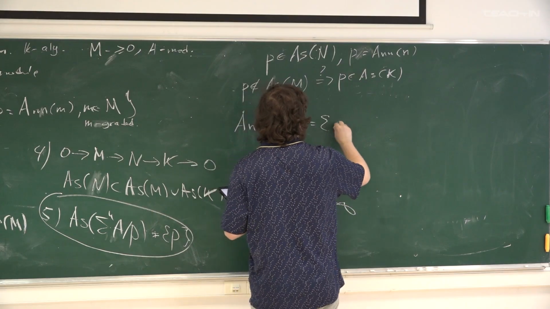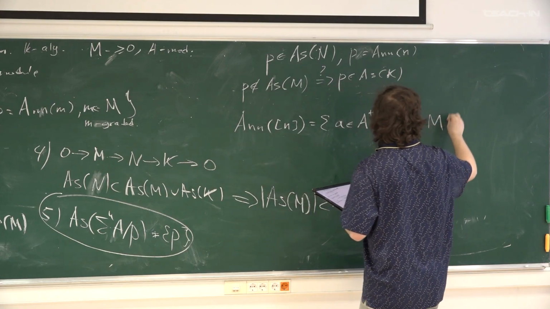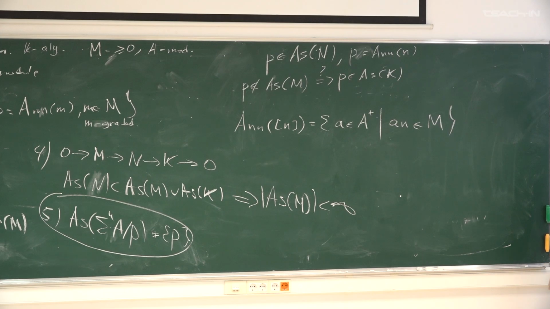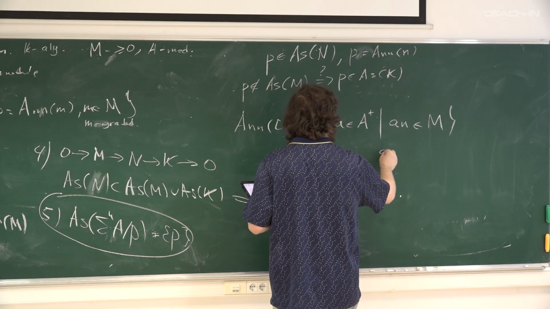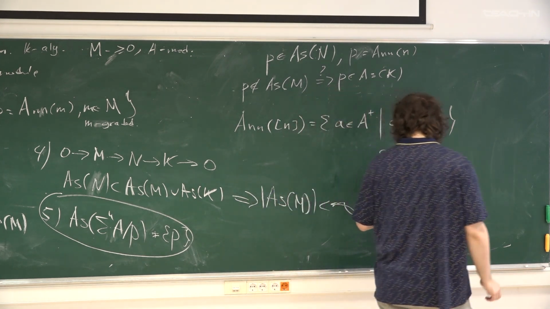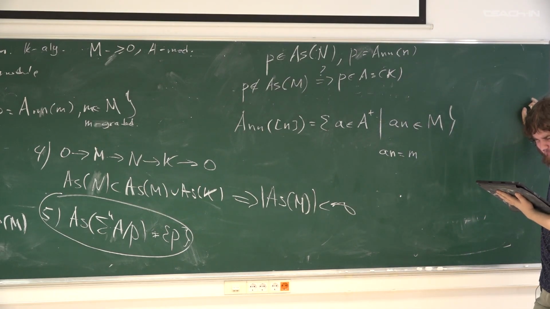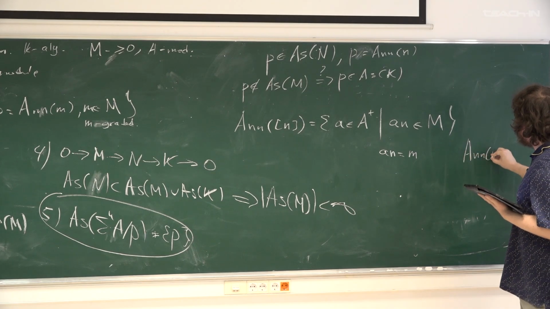It's some elements a from A_+ such that an lies in M. Yes, because then its quotient is 0 in K. But if I have an equal to m from M, then I can consider the annihilator of m.